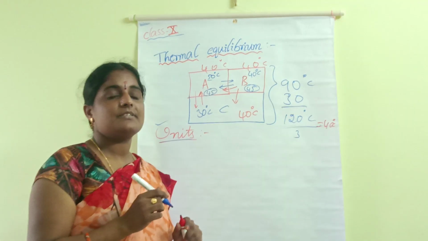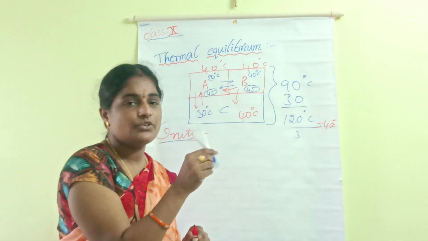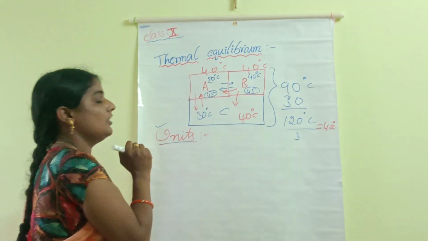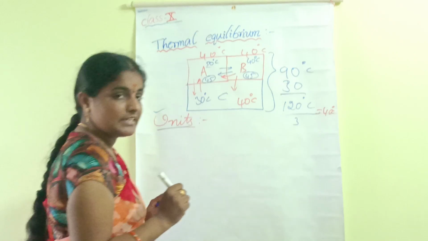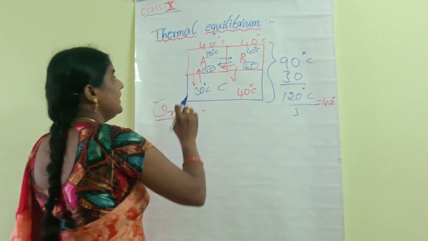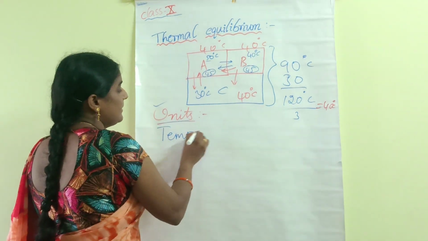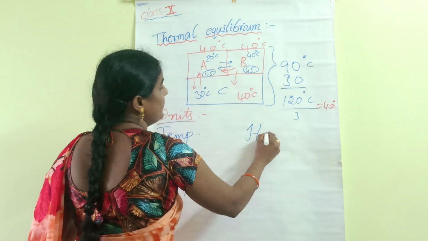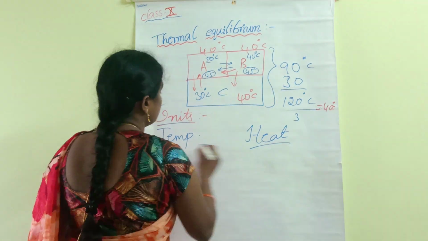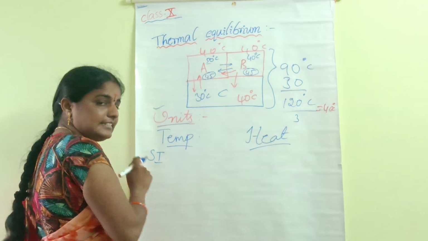Suppose the substance in my hand weighs 5 grams; gram is the unit in that example. Like that, a unit is compulsory to measure any quantity in physics. Now here also, for temperature and heat there are some units. What are those units? So for temperature there is the SI unit.